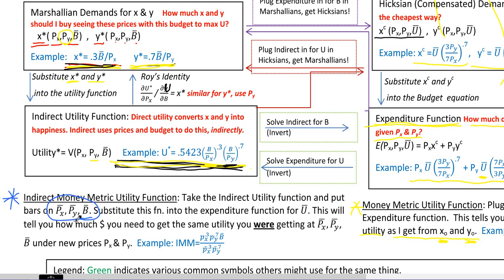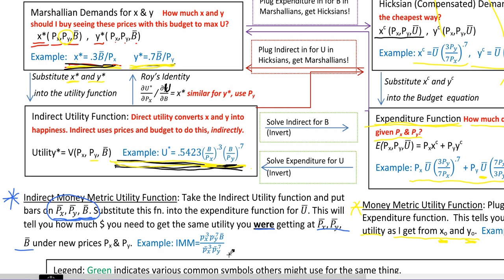Say I used to see a price of X of 3, a price of Y of 5, and I used to have $100. But now the price of X and the price of Y have changed. What this indirect money metric utility function does is tell you how much money you need at the new prices to get the same level of utility that you were getting at the old prices and budget.